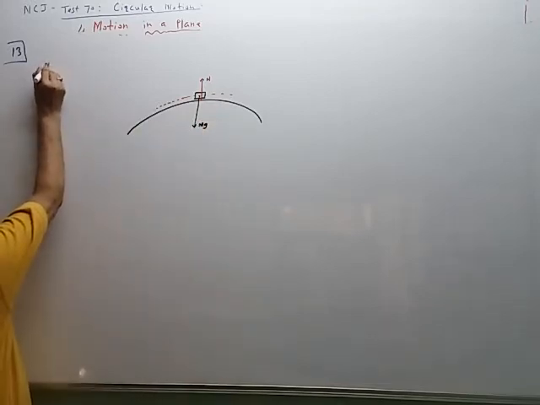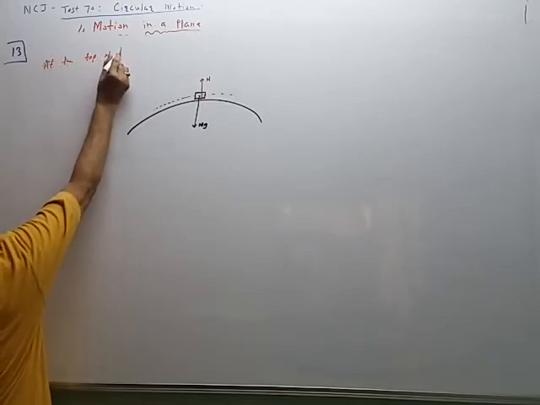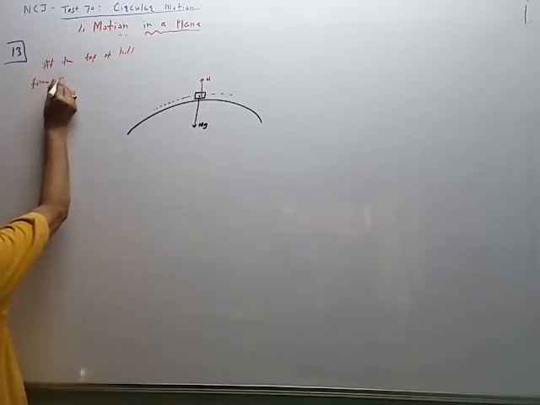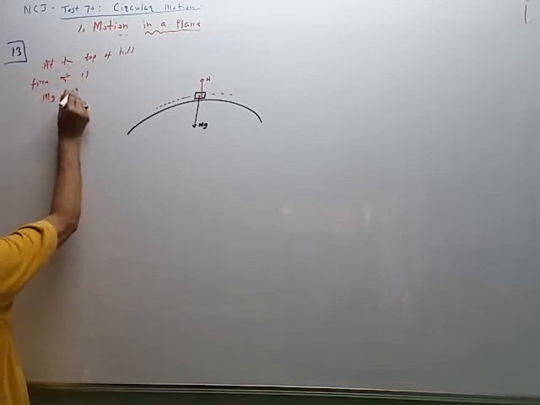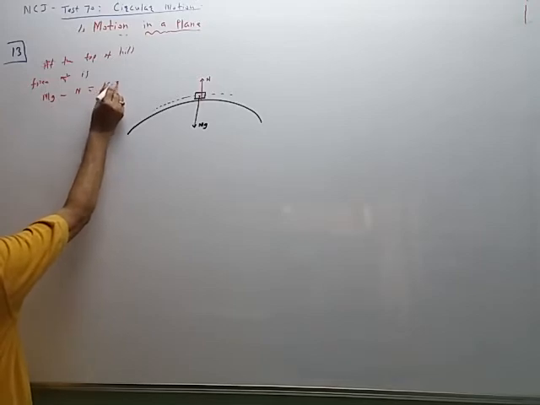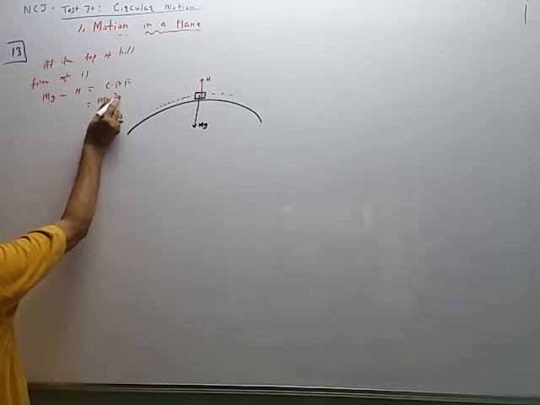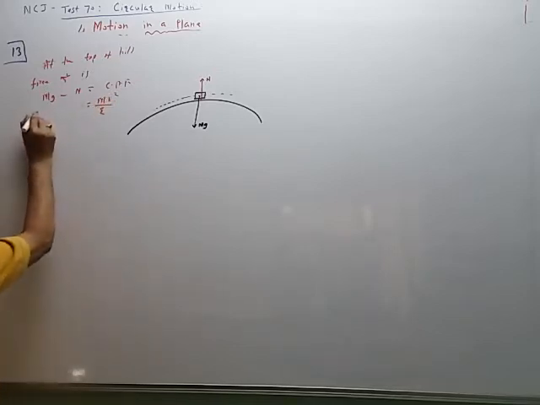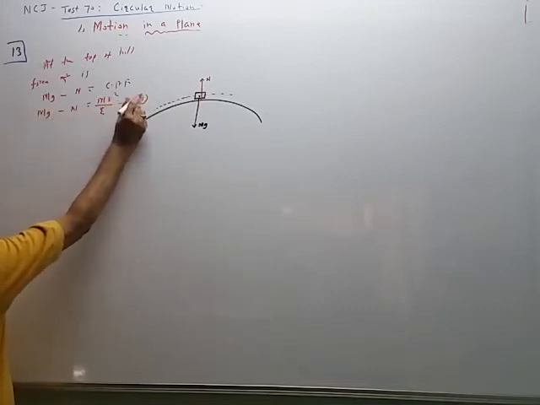So at the top of the hill, the equation is mg minus normal reaction n is equal to centripetal force m v square upon r. So mg minus n, so this is equation 1.